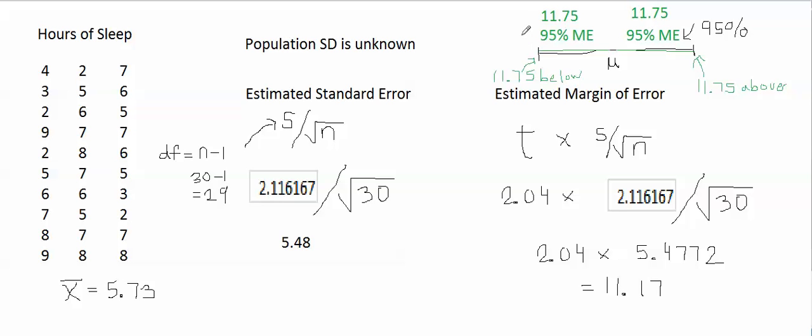Only 2.5% of the time would I get a sample mean out here, and only 2.5% of the time would I get a sample mean out here. Which is good because I wouldn't want to underestimate down here very often, and I wouldn't want to overestimate way out here very often. I would want to land in this area where I get a pretty accurate sample mean.